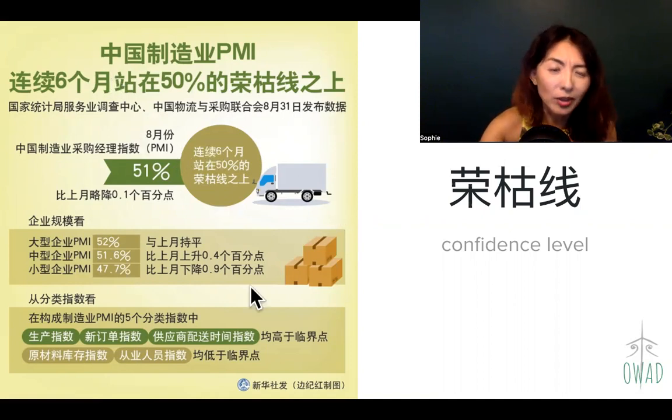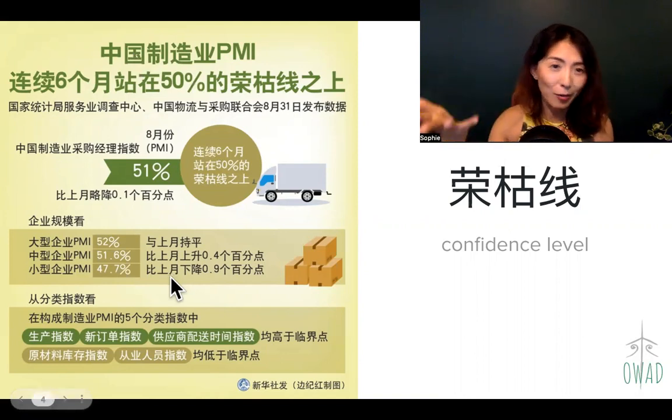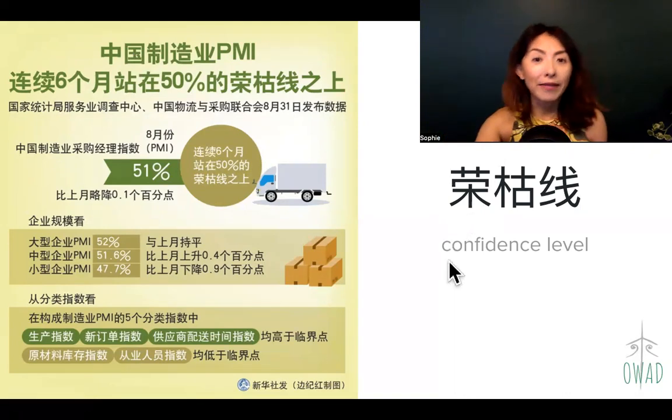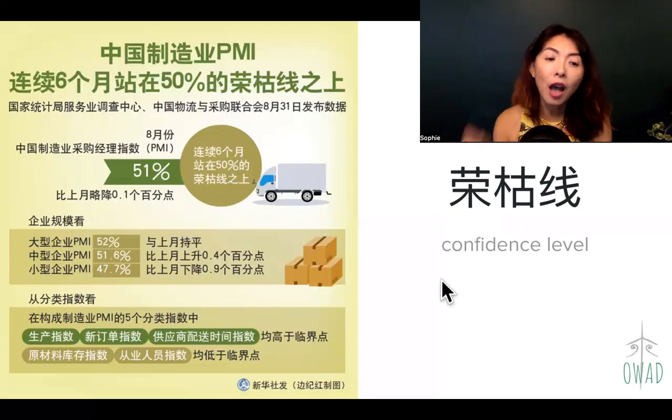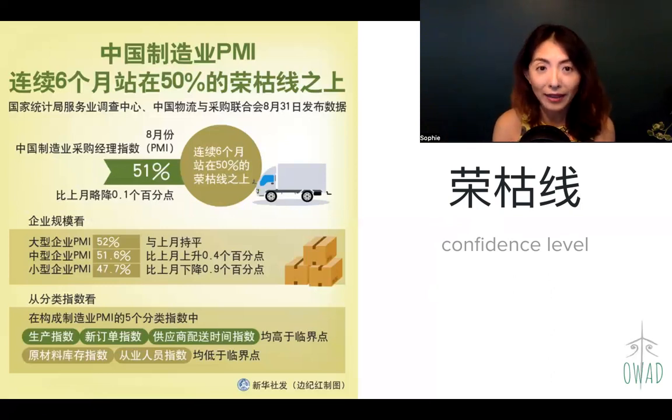Basically it's saying 50% is this midline. I don't know why they use 50%, but that's a Chinese metric to measure the economy trend. Either it's growing or it's withering. I call it a confidence level, because this is like a survey sent out to purchase managers. We call it the Purchasing Managers' Index, PMI.